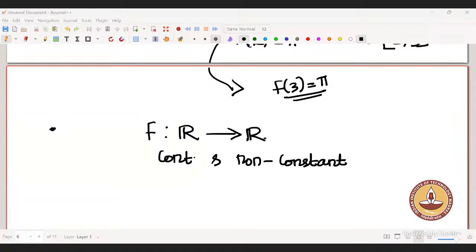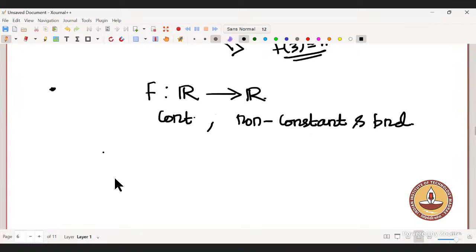Continuous, non-constant, and bounded. Sin x, cos x, they are continuous as well as non-constant, and also, as you can see, sin x is bounded because sin x is less than or equal to 1.